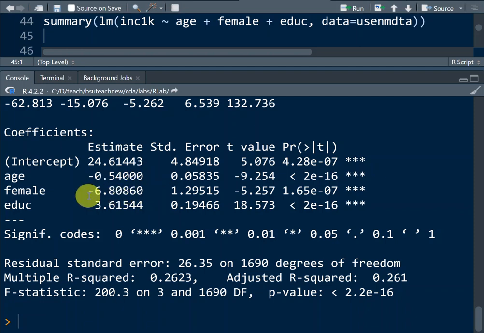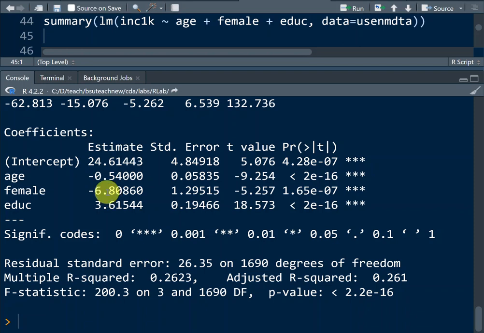Now let's go through the rest of it. For the slope estimate for age, this is a negative number, right? And be careful about the direction of association. First of all, we have to begin with holding all other variables constant. And that is the beauty of doing multiple regression. That is, we can hold all other variables constant, holding the effects of all other variables at a certain level.